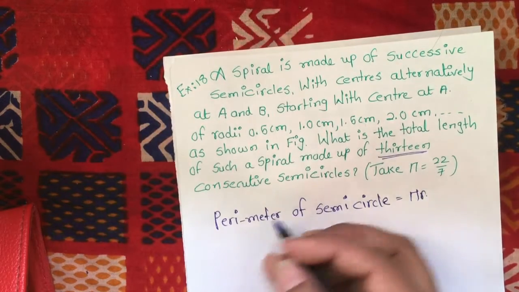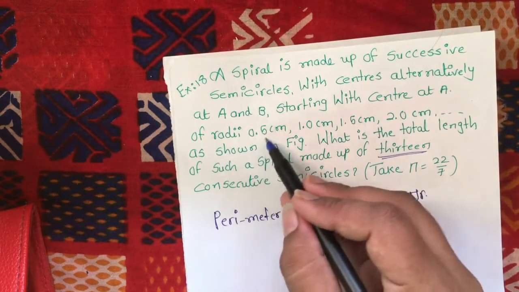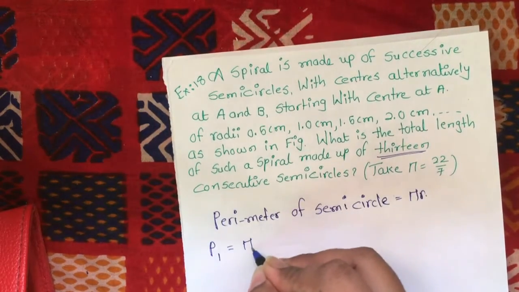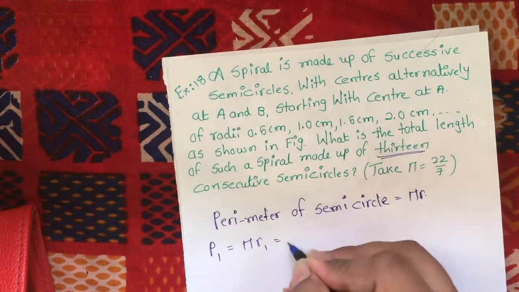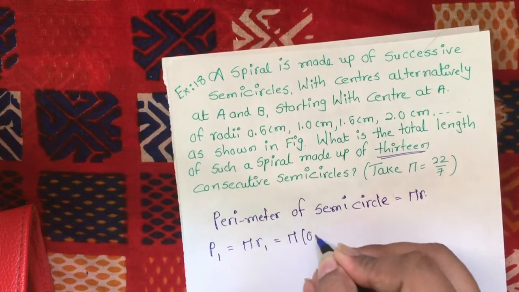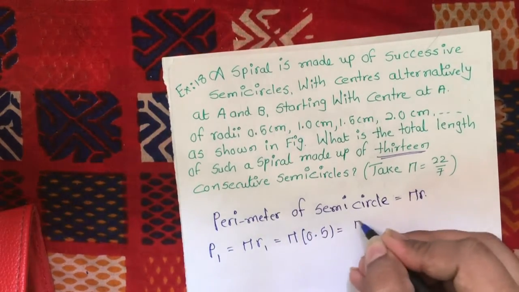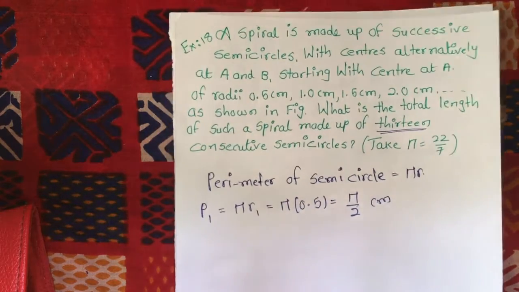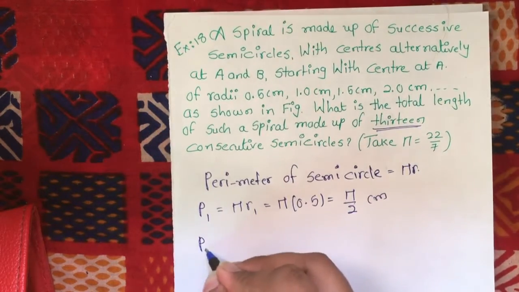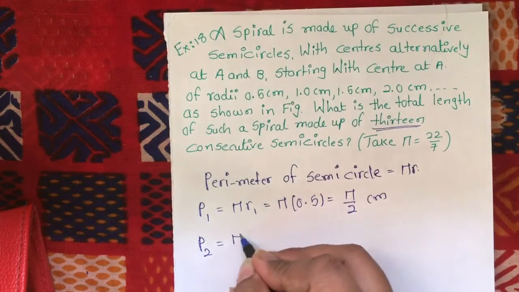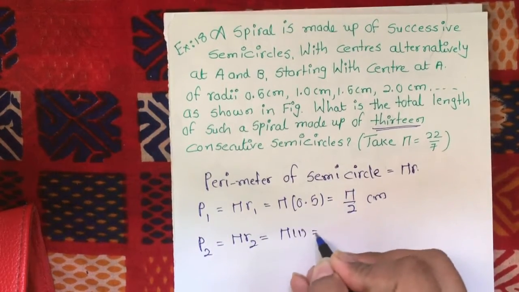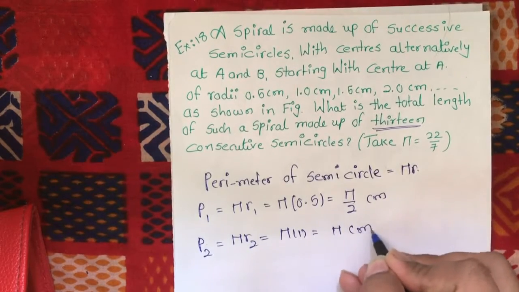Okay, so for the first we are having r which is 0.5, so first p1 will be pi into r1, that is pi into 0.5, and the value will be pi by 2 centimeter. Okay, now for the second perimeter, that is p2 is equals to pi r2, which gives pi into 1, which implies pi centimeter.